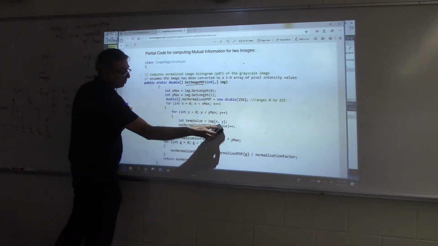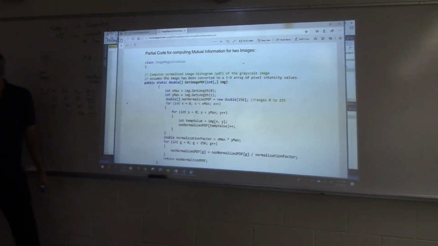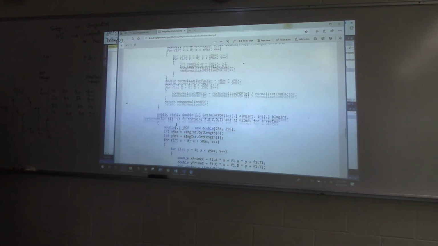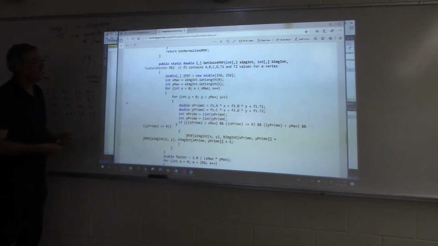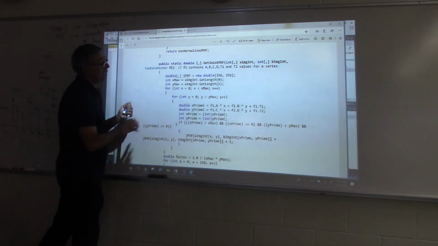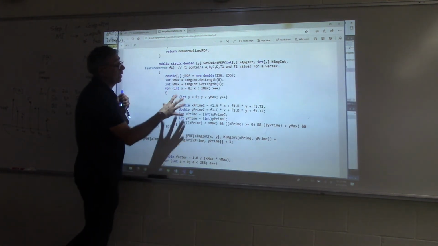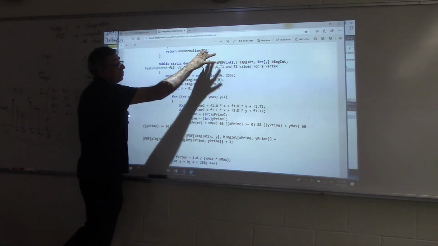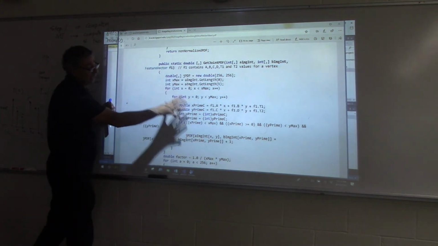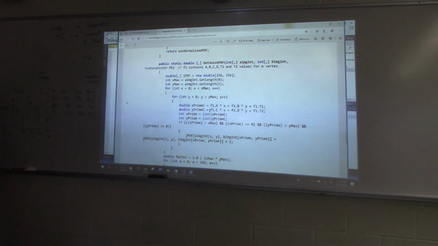Pretty straightforward. So this will compute the PDF, for example, P of A. This will compute the joint PDF based on a given transformation. If we apply the transformation to T2, after applying the transformation, what will be the joint PDF? Again, this is pretty straightforward.